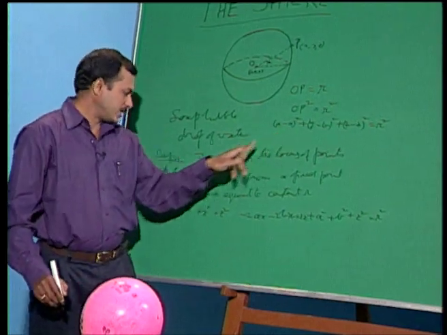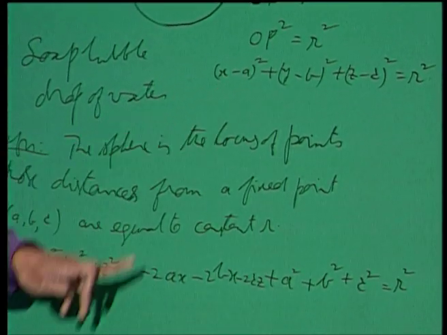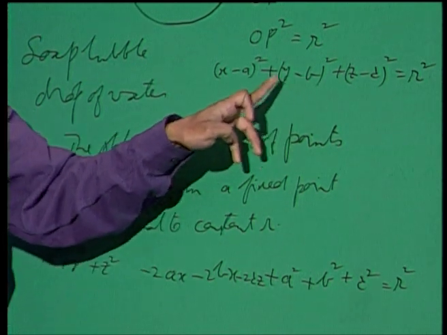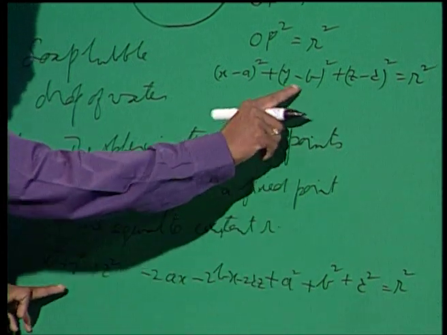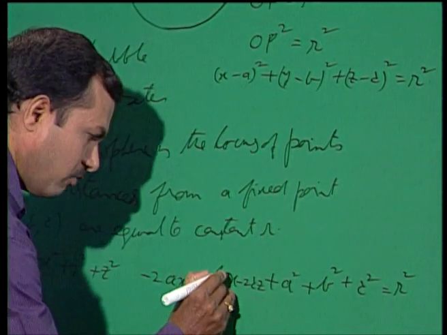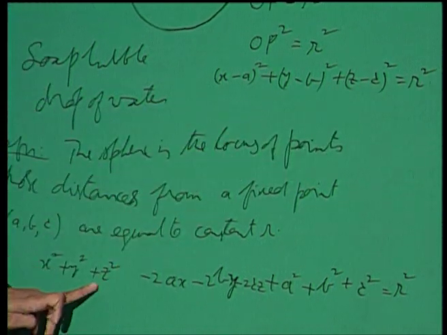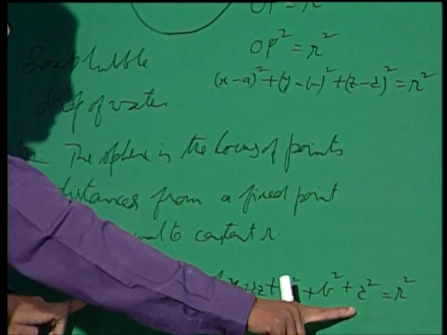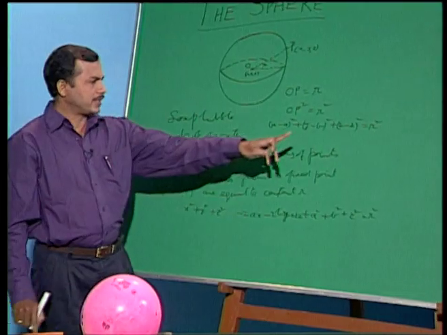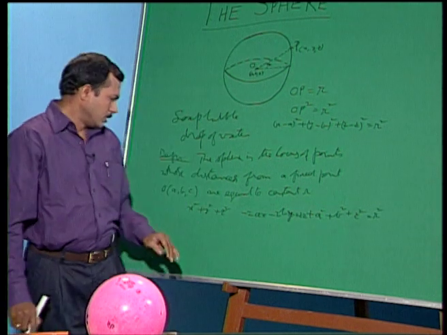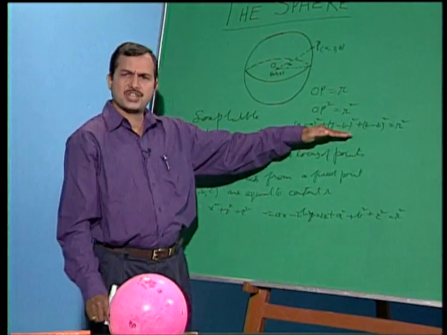That is, x square plus a square minus 2ax, similarly y square plus b square minus 2by, plus z square plus c square minus 2cz, is equal to the right hand side, r square. This is the expanded form of this equation.